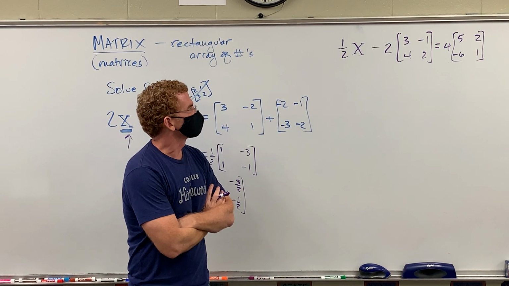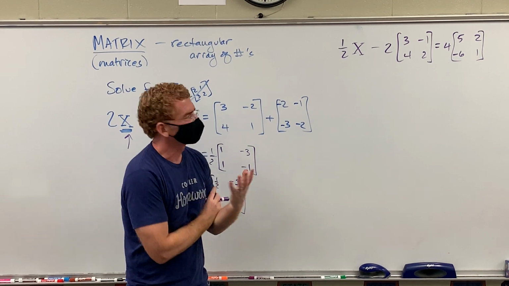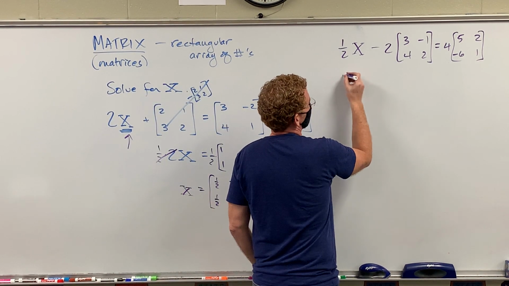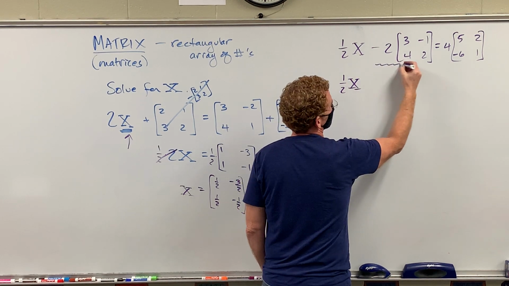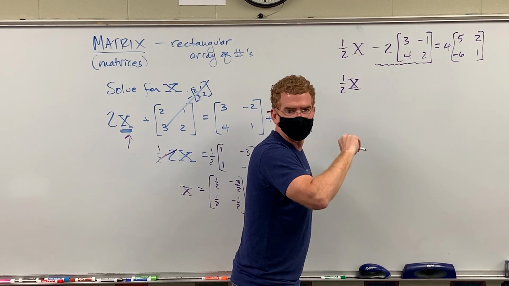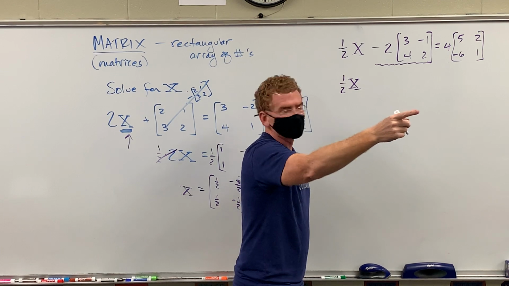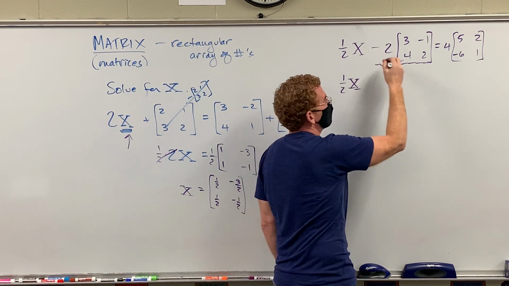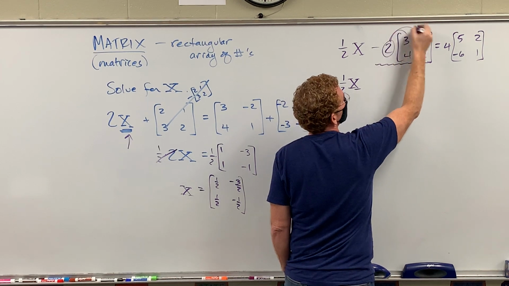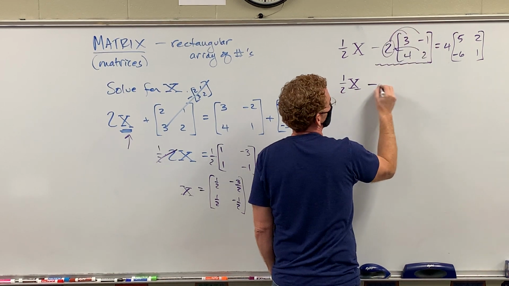Distribute the negative 2 and the 4 in? Why not? In fact, if you look ahead a little bit, what are you going to end up doing with this term right here? Adding it to the side? So why don't we just leave the negative there then? You all tracking with me? If I just bring the 2 in, you don't have to.